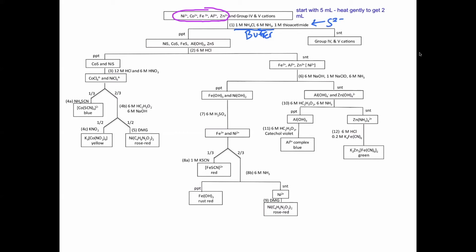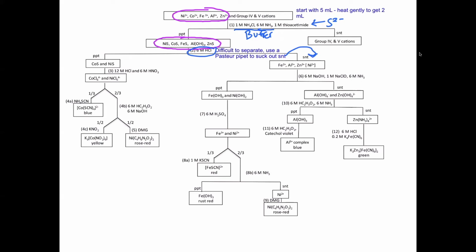Overall, we get a precipitate with our group 3 sulfides, and aluminum actually precipitates with the hydroxide from the buffer by increasing the pH. Adding 6 molar HCl will separate precipitate and supernatant. It's difficult to separate, just like in group 2, so we have to use a Pasteur pipette to suck out the supernatant, which we would set aside for later tests.